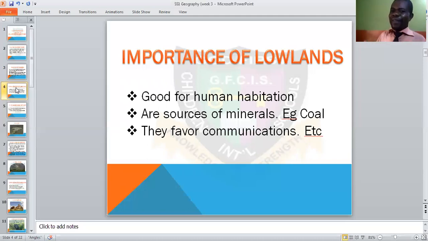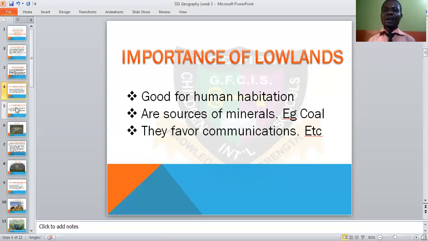Two, they give us minerals. There are sources of minerals like coal, and even gold can be dug from there. Then they favor communications because they are level, not high, they are low. You can easily construct roads on them and many other things. These are some of the advantages or importance of lowlands.